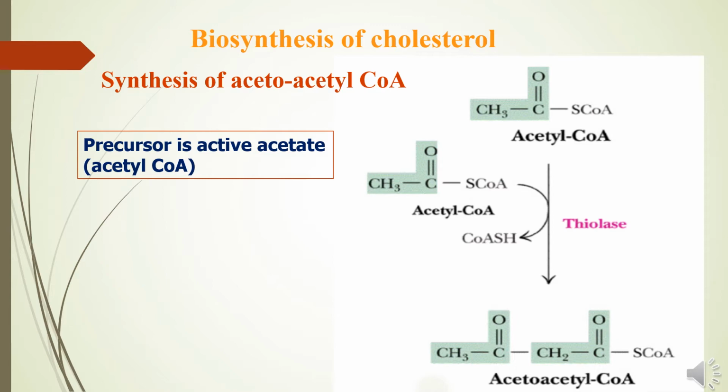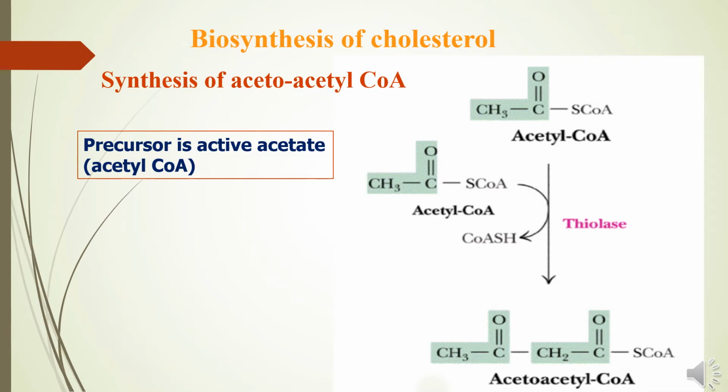So pyruvate is oxidatively decarboxylated by the action of pyruvate dehydrogenase. Another source of acetyl coenzyme A is from the beta oxidation of fatty acids.